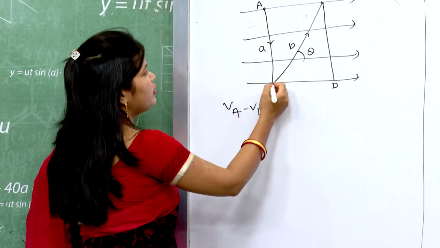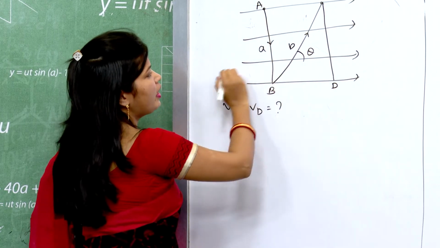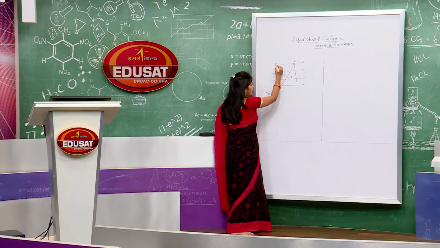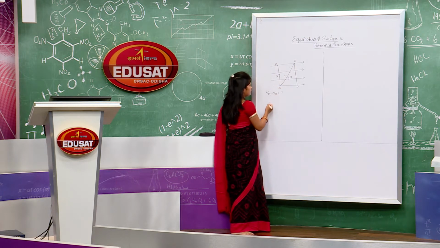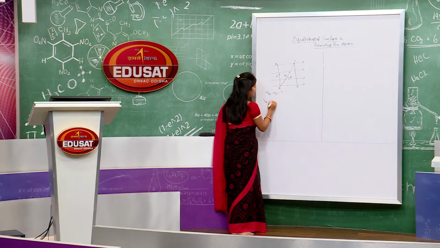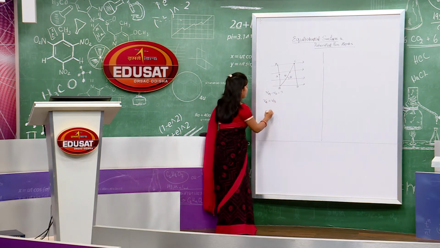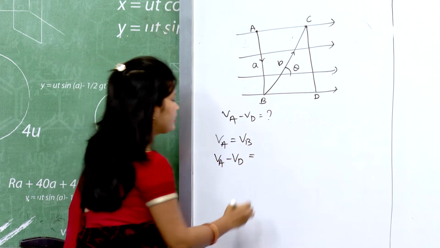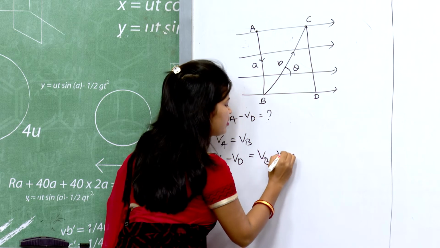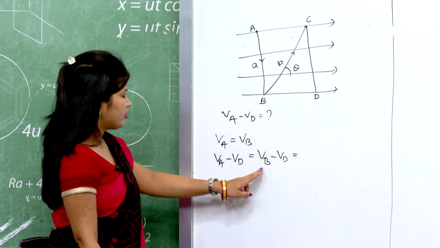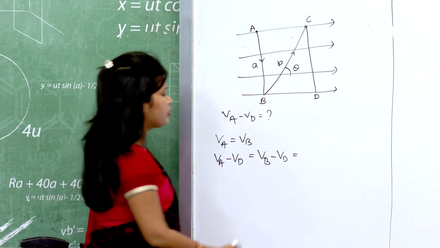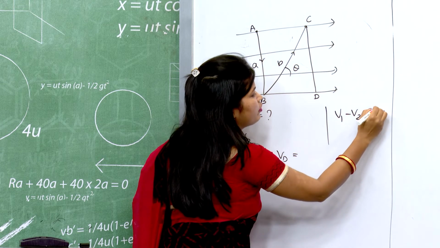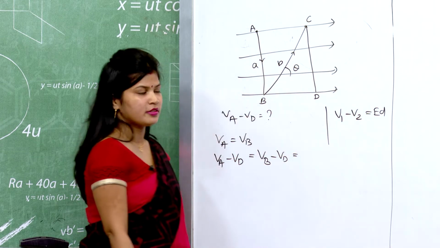So, you know that AB is an equipotential line as it is perpendicular to the electric field. That means at every point on an equipotential line the potential is the same. So, VA is equal to VB. So, VA minus VD is equal to VB minus VD. We know the relation V1 minus V2 is equal to Ed from the previous class.